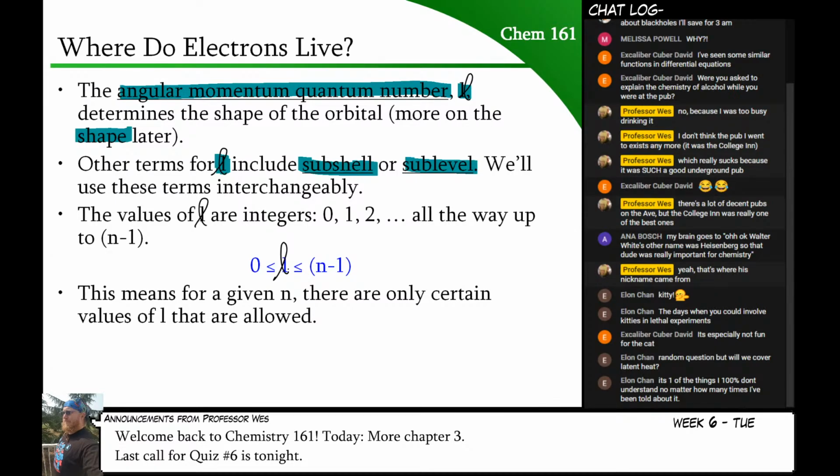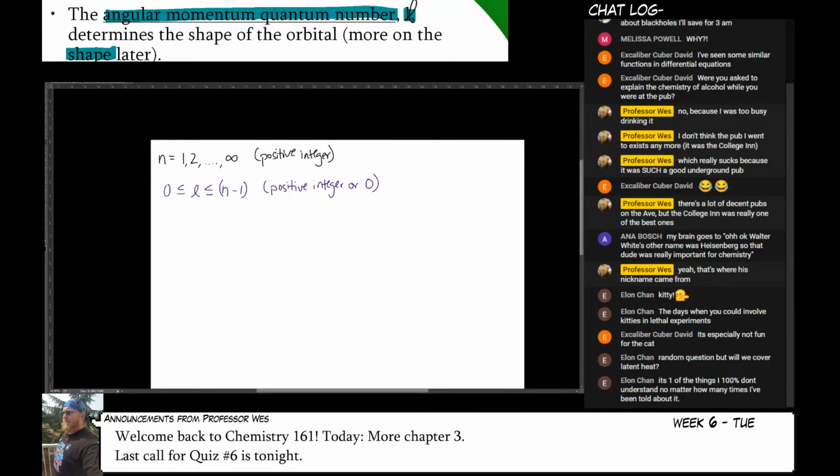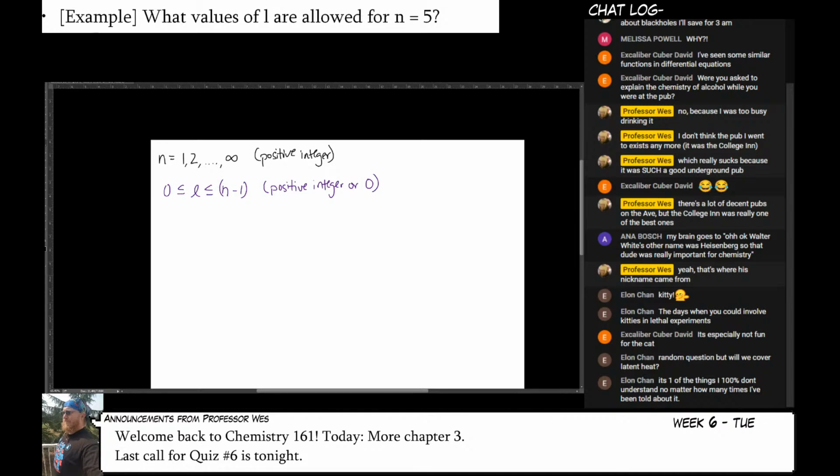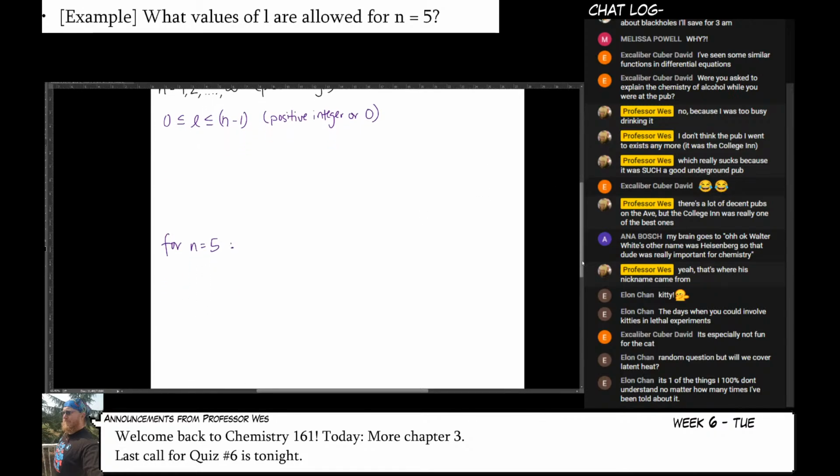So what that means is that for a given value of n, only certain values of L are allowed. So let's go do a few examples here. Actually, I might give you an example right here. So what values are allowed for L if n equals 5? Well, if n equals 5, the possible values of L would be 0 less than or equal to L less than or equal to n minus 1.